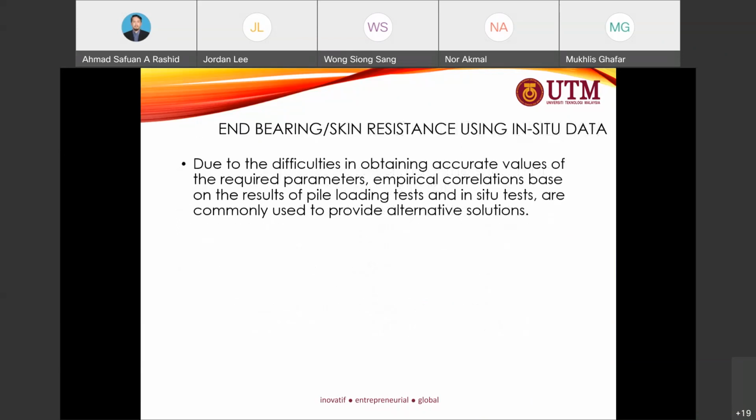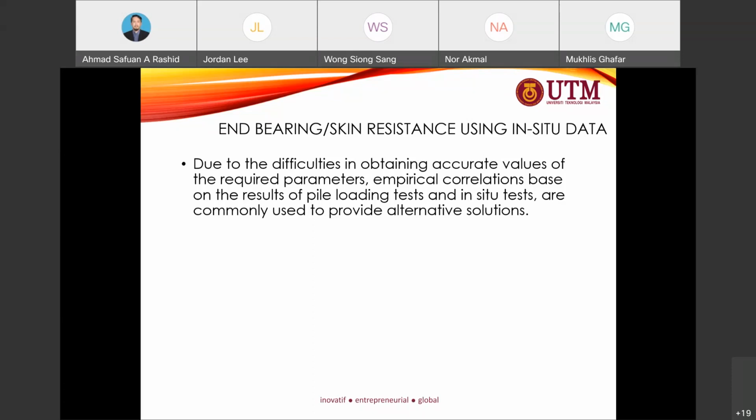So end bearing and skin resistance using in situ data. This is similar to what we discussed for shallow foundation, but there we relied on SPT and CPT. Due to the difficulty in obtaining accurate values of the required parameters, empirical correlations based on the results of pile loading tests and in situ tests are commonly used to provide alternative solutions.